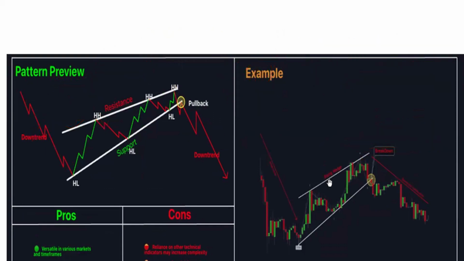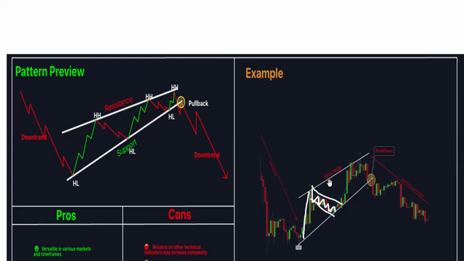So right here, you can see what happened. I'm using a color that you can see. When the market went up right here, what happened? It did a pullback. That is where you want to start looking for a continuation pattern.